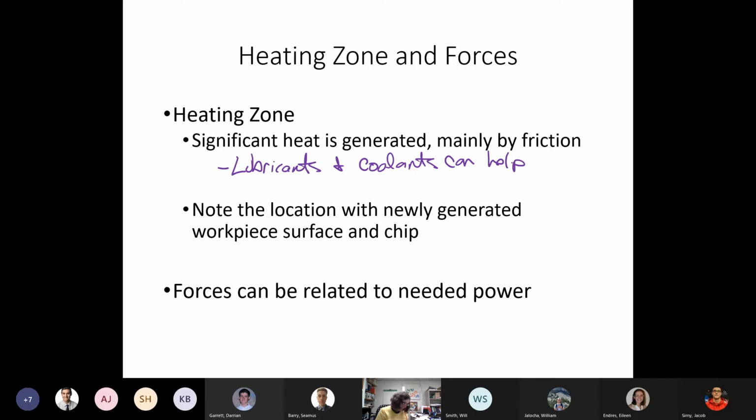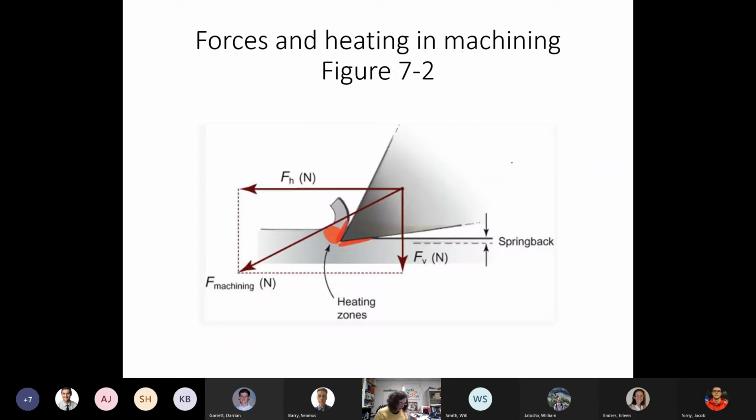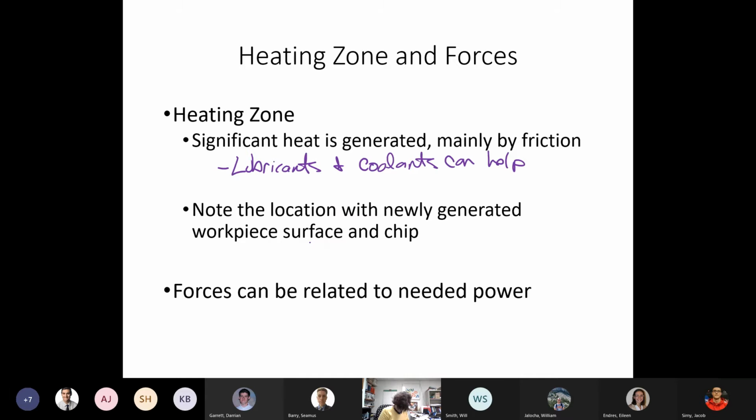If we look at the location, we do see that some of this heating zone is on the chip and some is on the workpiece. We also need to think about the properties of the material itself.